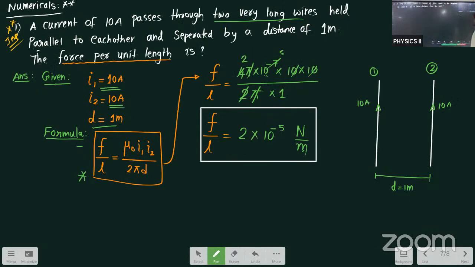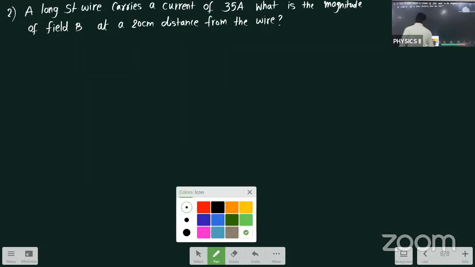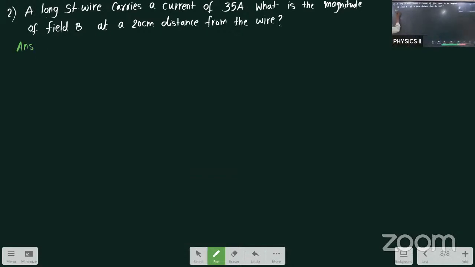First of all, let us write down the given things. How much current is flowing through the wire? A current of I is equal to 35 amperes is flowing. And the distance given is r is equal to 20 centimeter.